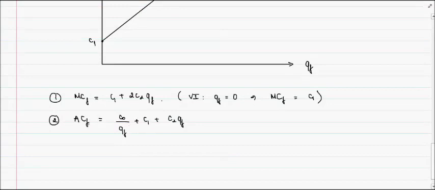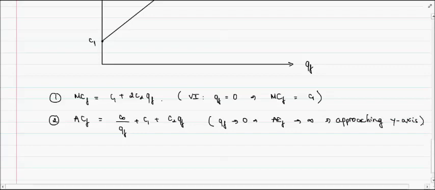So we know that when QF is approaching 0, average cost is approaching infinity, so it's going to be getting closer and closer to the vertical intercept. So I'll say approaching the y-axis.